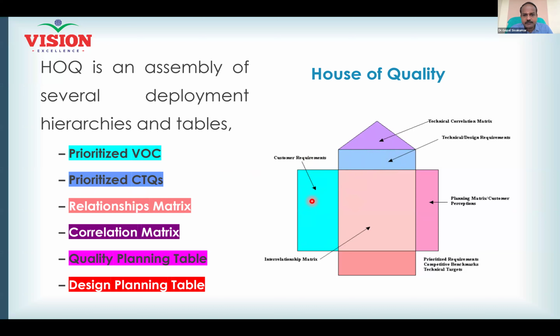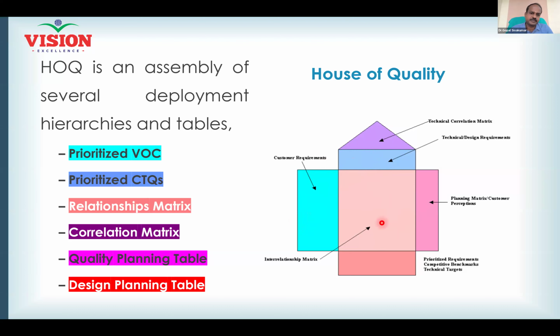So what is available here? How is available here? All of it, you understand? What are the requirements? How are the ways by which we fulfill the requirement? Now, what is the relation between the what and how? Or what is the relation between requirements, customer requirement, and CTQ?